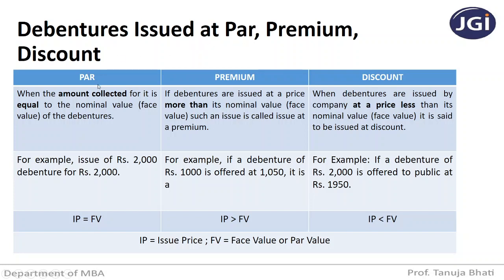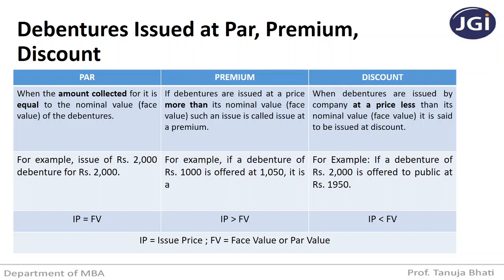Now what do you mean by par? Suppose a particular company issues the debentures at par. What does it mean? It means the amount collected is equal to the nominal value, the face value of the debentures. Now, what do you mean by the face value of debentures?